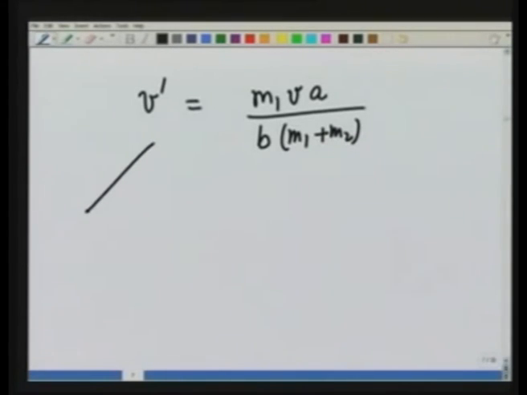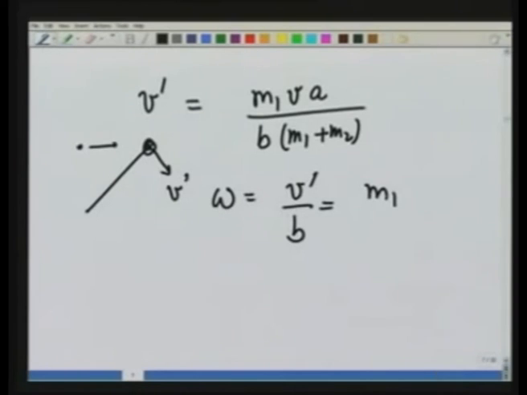So, to recall again, after masses get stuck, this moves immediately after that with velocity v prime, and therefore, omega is going to be v prime over b, which is equal to m1 v a over m1 plus m2 times b square, which is the same answer as obtained earlier by applying the conservation of angular momentum.